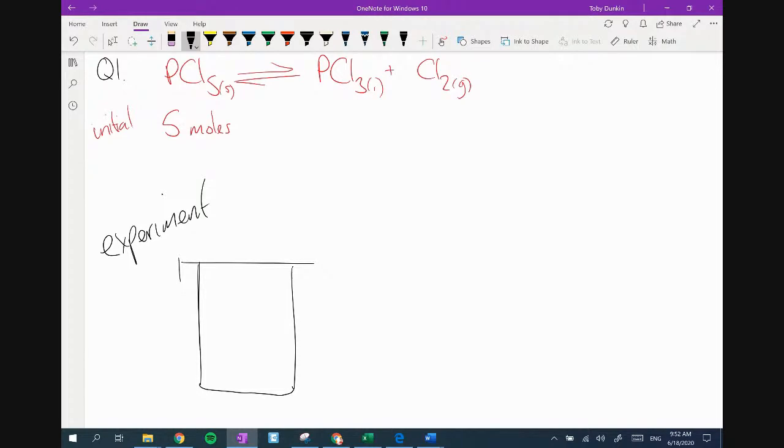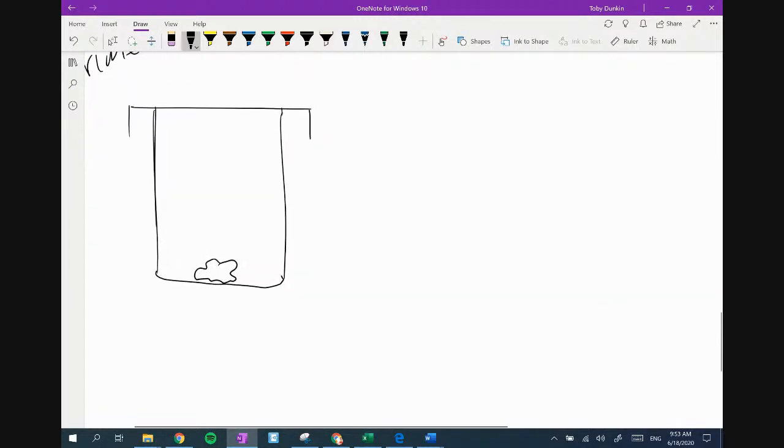So let's make sure it's closed. Got a lid on it. I'm going to add 5 moles of solid PCl5.